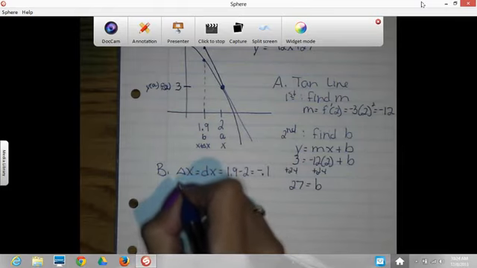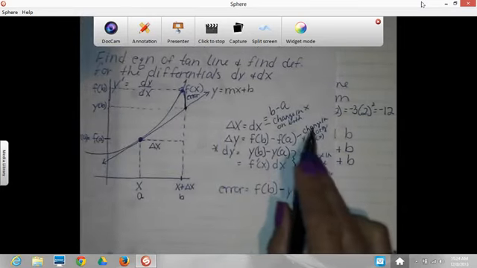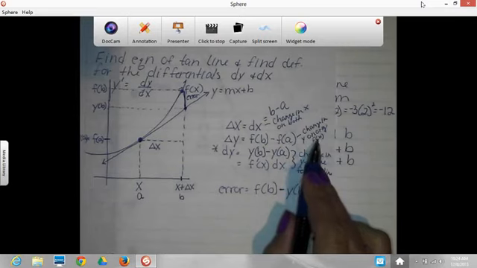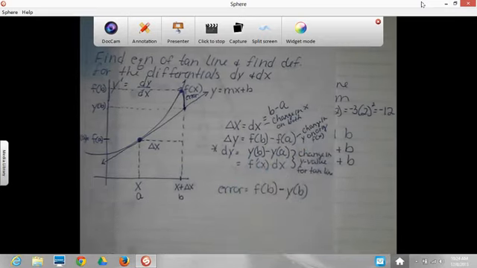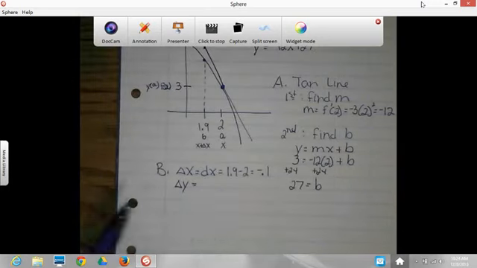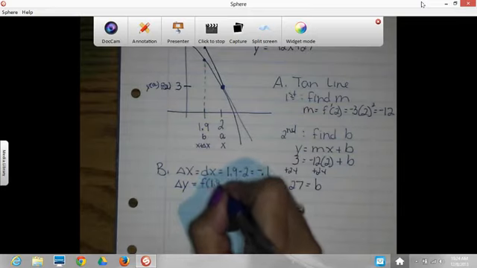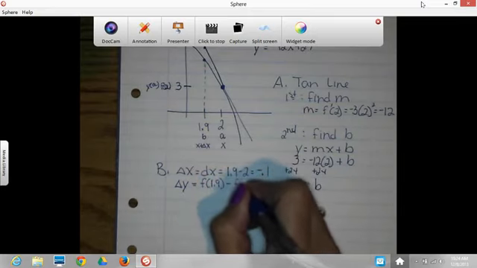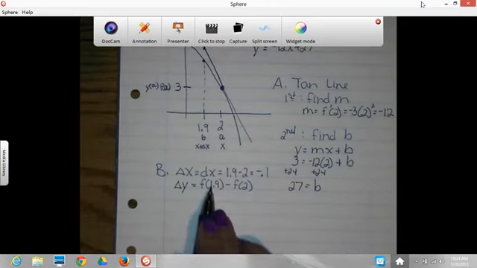Delta y next. You look at your formula, it's the change in y values on the original function. So it's the f of b minus the f of a. So if I apply it to this problem, I want f of 1.9 minus f of 2. F is my original function.